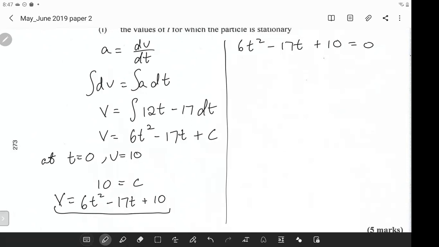Right, so you can go about factoring this, or let's see if it is factorable. 6 tens are 60, factors of 60 added to give us 17.